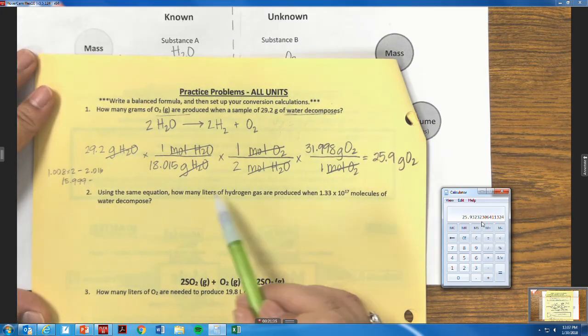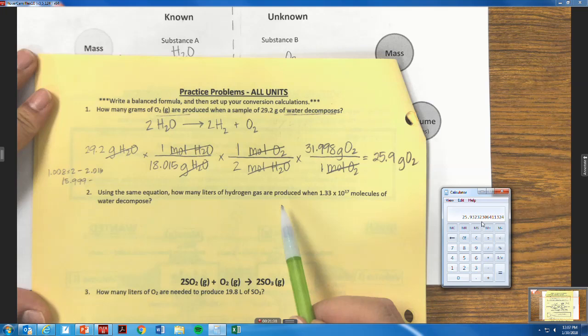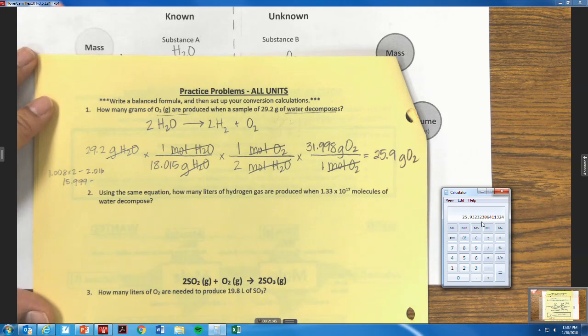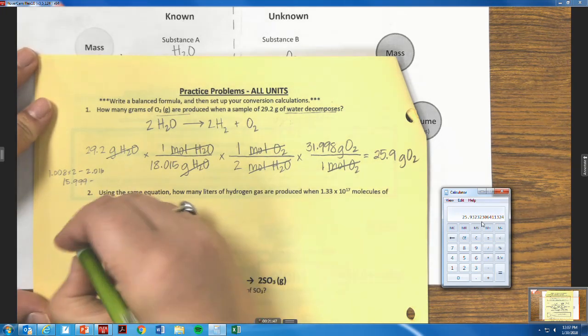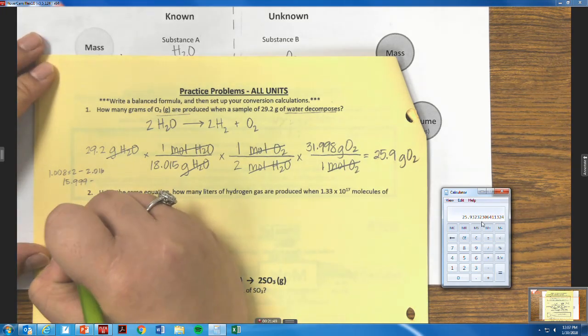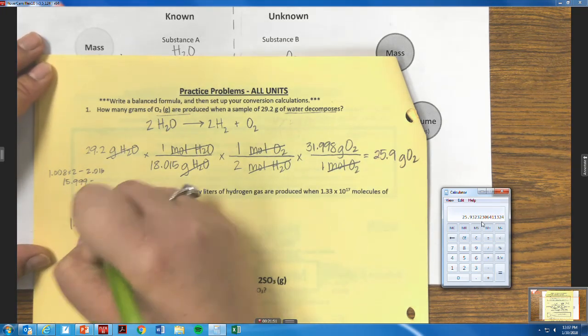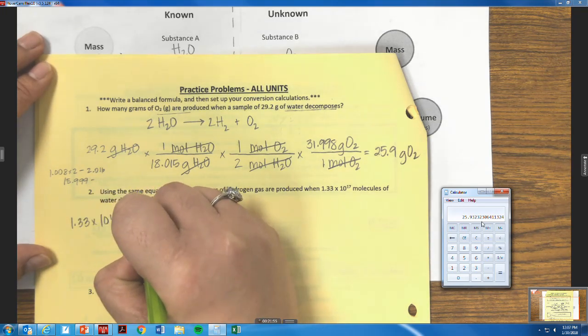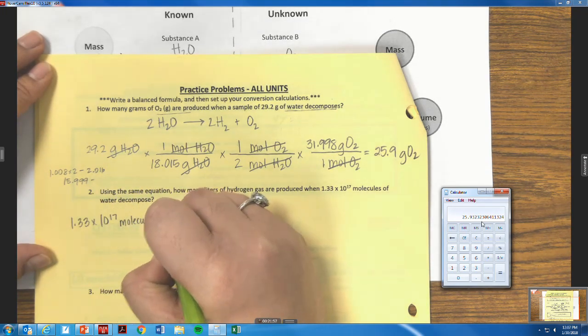Okay, how many liters of hydrogen gas are produced when 1.33 times 10 to the 17th power molecules of water decompose? So again, my given is 1.33 times 10 to the 17th molecules of H2O.